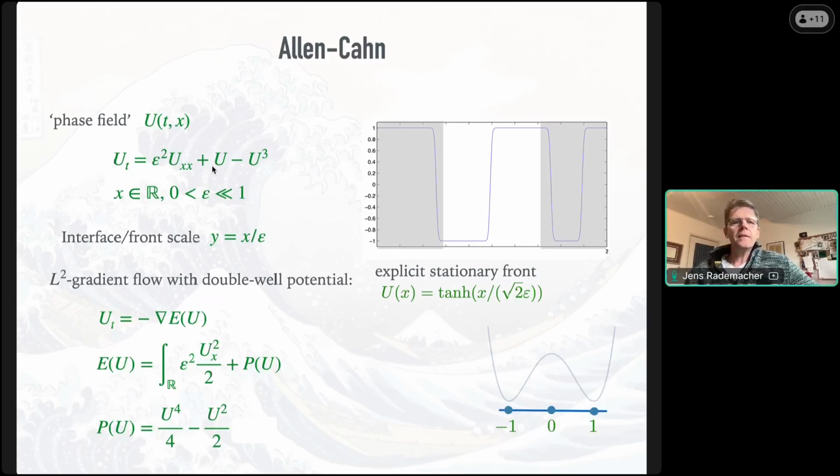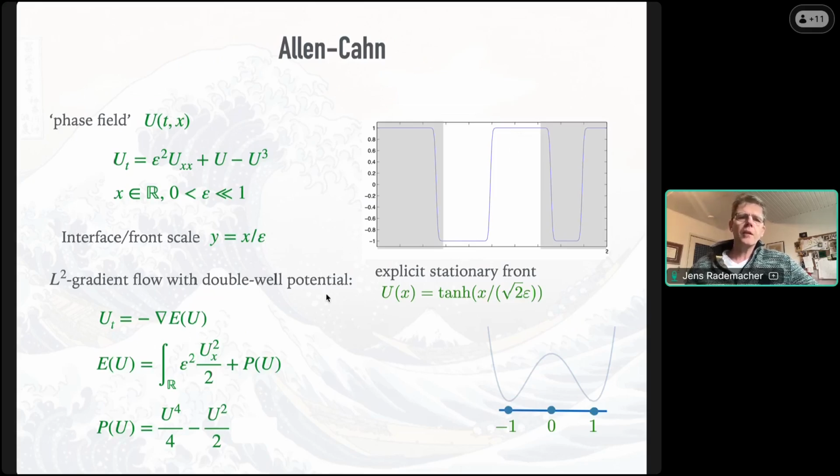And these phases appear in this equation here as equilibrium points. Yeah? So if I just set everything to 1 or -1, then this is a root of this nonlinearity here, or of this part here, and these terms are then both 0 as well. So these are solutions, and they generate these plateaus here. These are these states, and then there are interfaces in between.